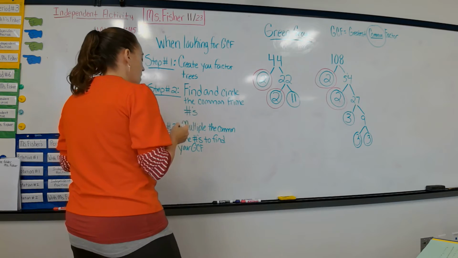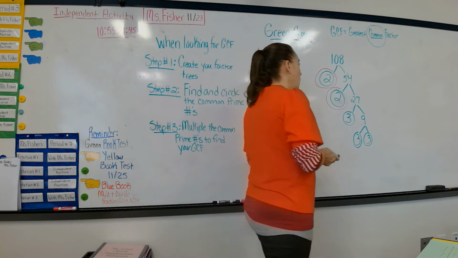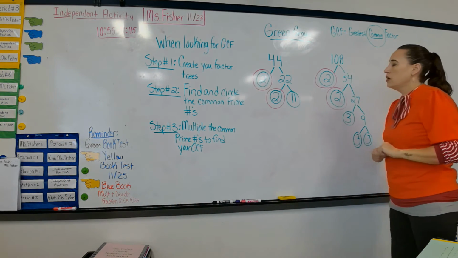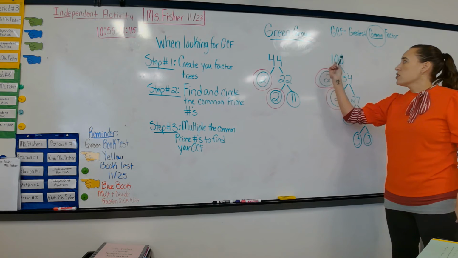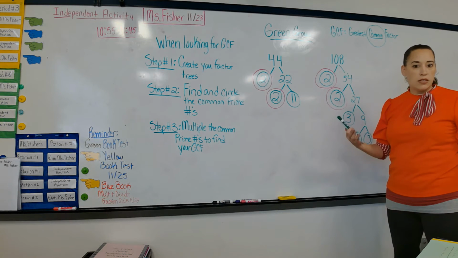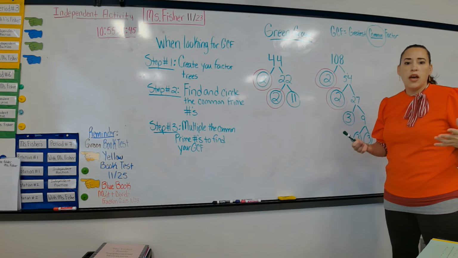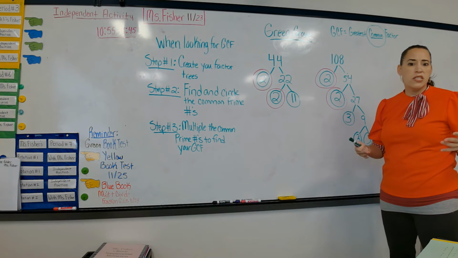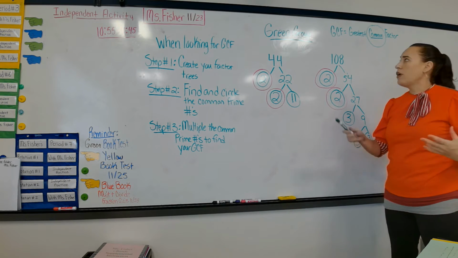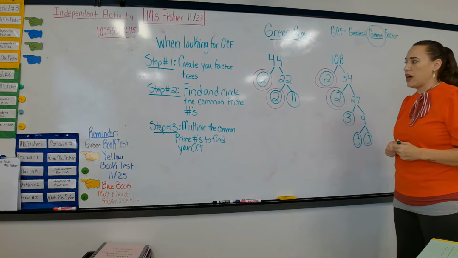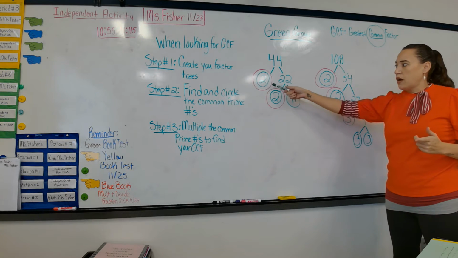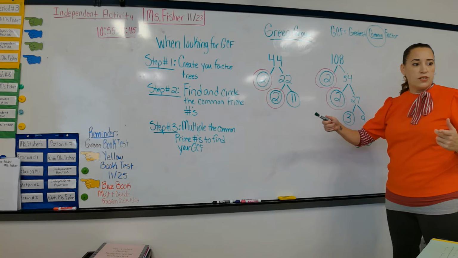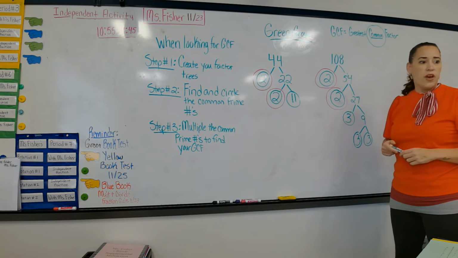So again, the name in and of itself gives it away. So, yes, do I know 2 is a factor of both of these numbers? Yes, I do know that. But do I want to know the smallest common factor? No, I want to know the greatest common factor. So I need to multiply all the common factors to find out what's the biggest common factor.